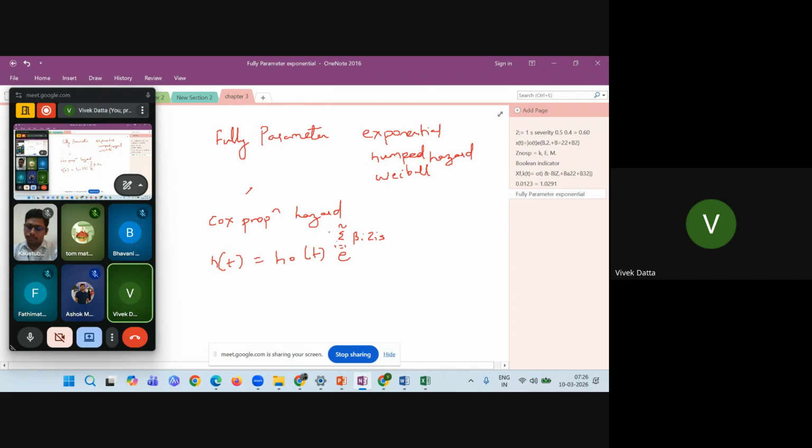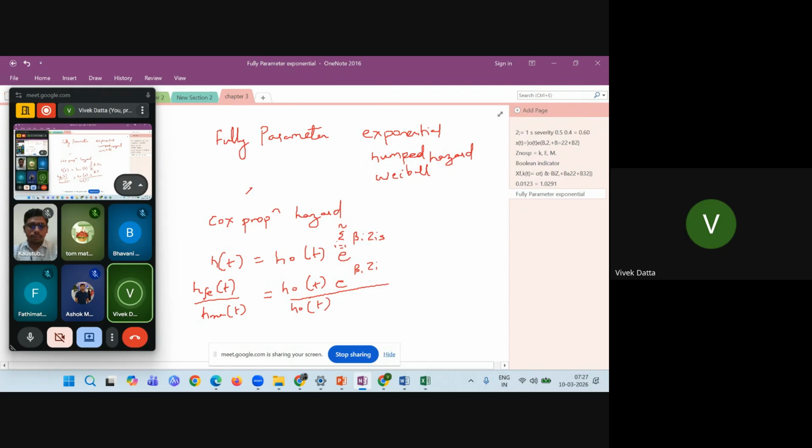Then we said that if we have h female(t) upon h male(t), I will be able to find out the exact impact basis my betas and my corresponding covariates.